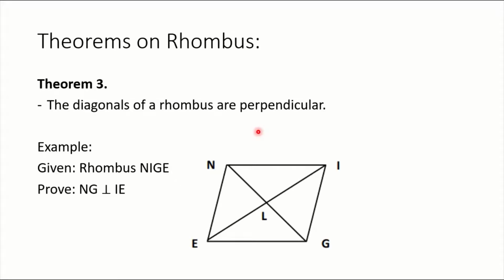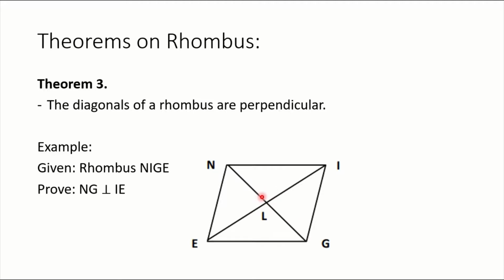So, again, the theorem number 3 for the theorem on rhombus. The diagonals of a rhombus are perpendicular. We have here the diagonals, NG and IE. What do we mean by perpendicular po? Perpendicular are the lines that meet that forms 90 degrees.